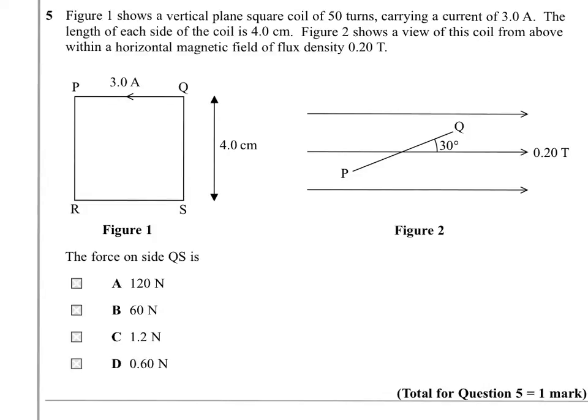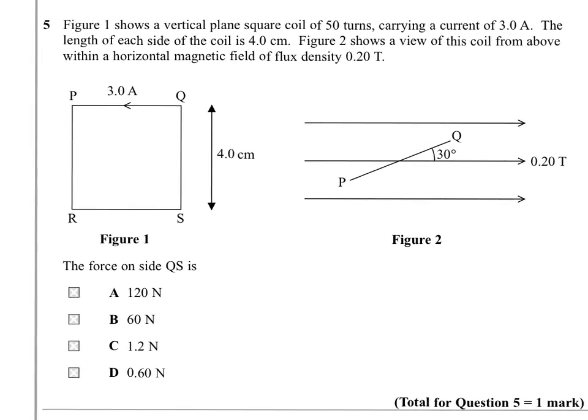Okay, so this current direction that they give us in the first part allows us to work out that the current in the vertical bits are going to be like that. Okay, that means at QS, this point here, we've got current coming up. So I'll just use the point of an arrow convention. So we've got current coming towards us.